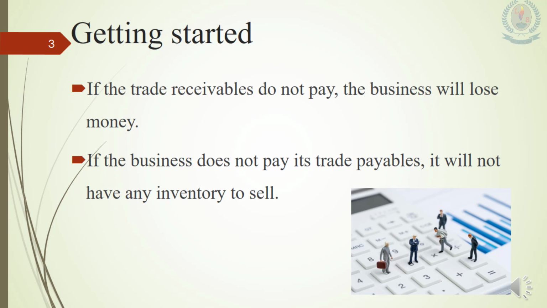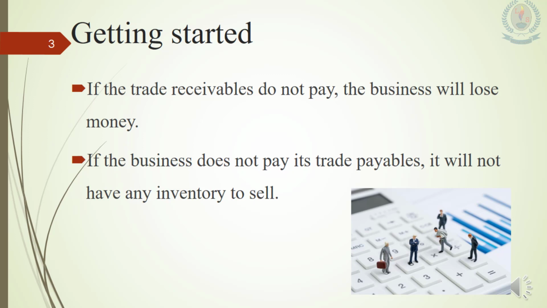If the business does not maintain proper accounts for the trade receivables, the business will not properly receive the money they should receive. And if the trade payables are not checked properly, the business won't be able to pay the debts on time. Ultimately, the suppliers will not like to continue trading with the business. Therefore, businesses should concentrate well on these two groups.